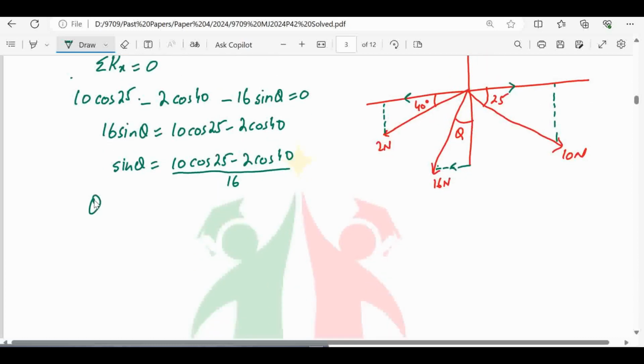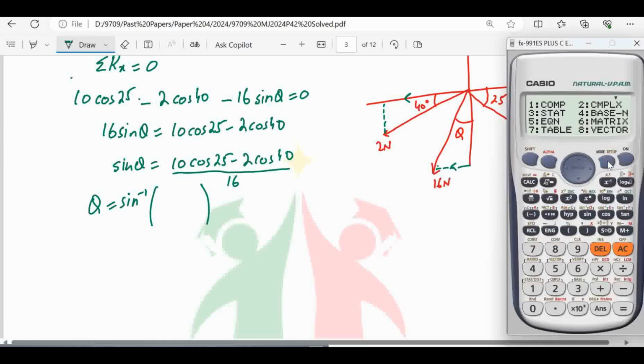So theta is equal to sine inverse of this whole thing. Now let's use the calculator. We will have 10 cos of 25 minus 2 cos of 40 divided by 16. So this will be 0.406.